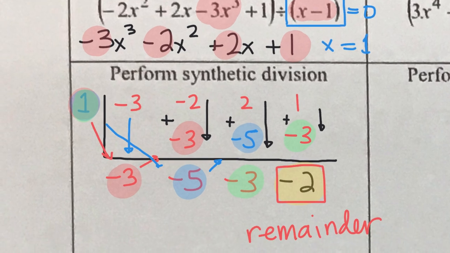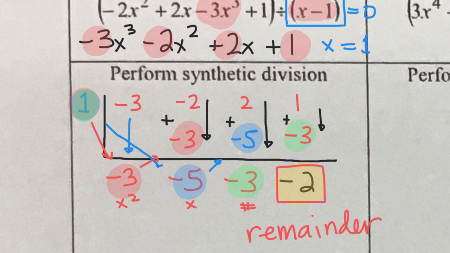And we move over, this is your constant term, this is your x term, and this is your x squared term. So when we do this division, the quotient, which is the answer that you get when you divide, would be -3x squared minus 5x minus 3.